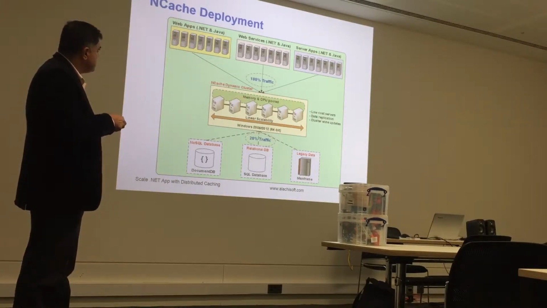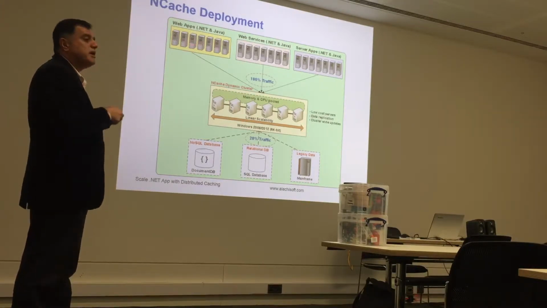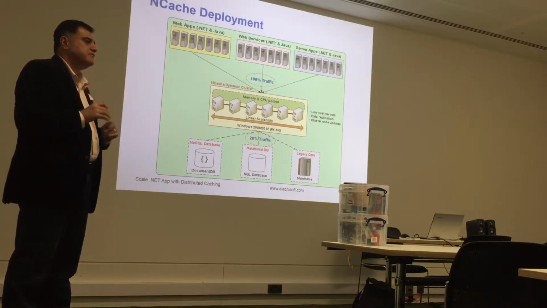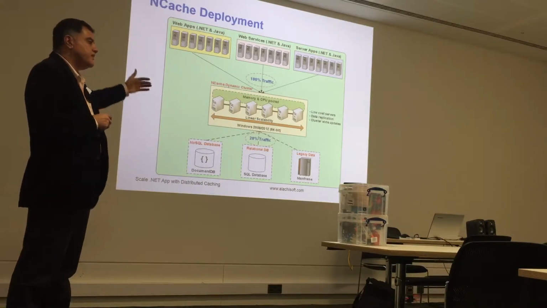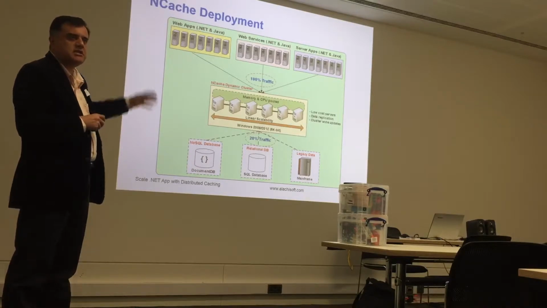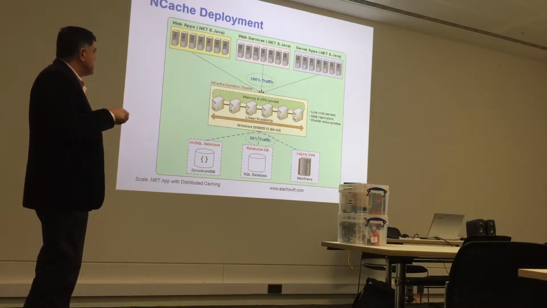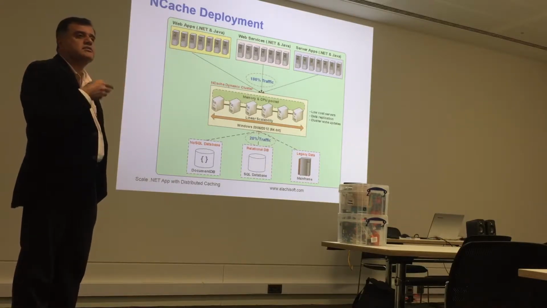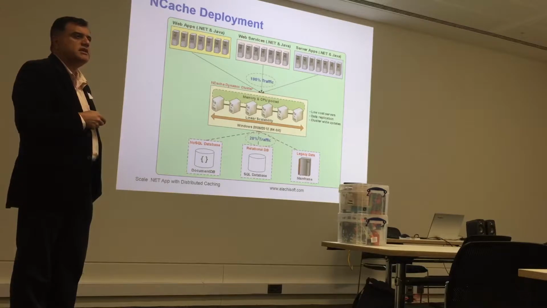All the data is being either maintained here or here. So that means that you can bring any of these down for maintenance or if it crashes or whatever, and you don't lose any data, which is another thing that happens, especially in case of web applications. I'll talk about that too. So this is what a distributed cache looks like. That's why it solves your scalability problems.